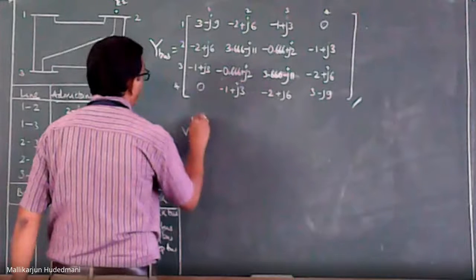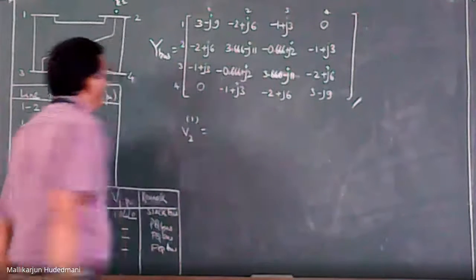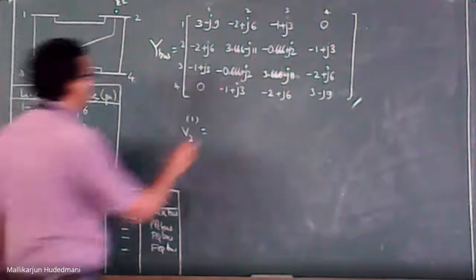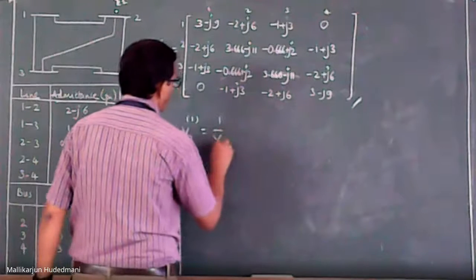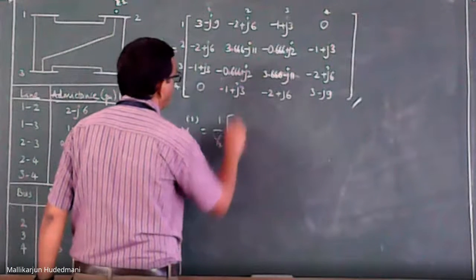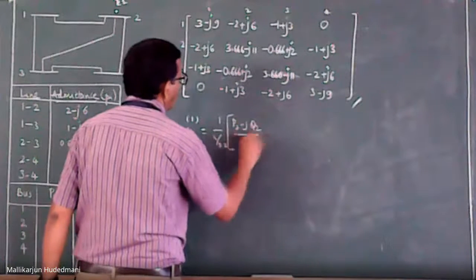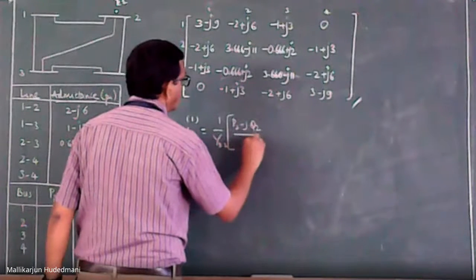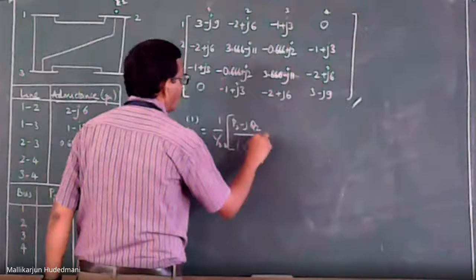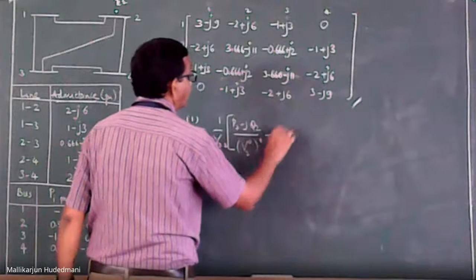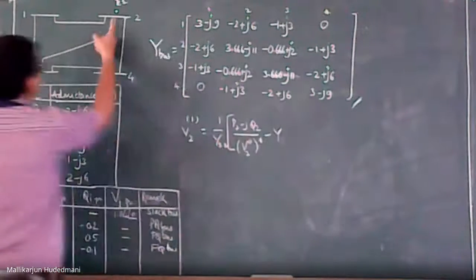V2 of 1 is equal to, let's see. What is V2 of 1? Let me write here. 1 divided by Y22 in the bracket, P2 minus JQ2 over V2 0 conjugate, minus Y21, V1. See here I am writing directly because I have the connectivity 2 to 1.